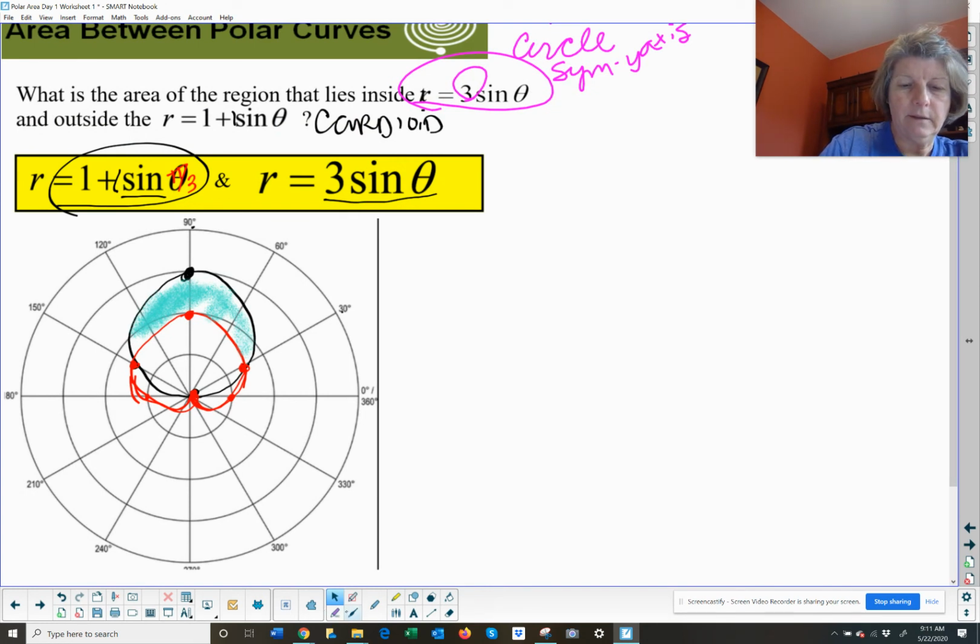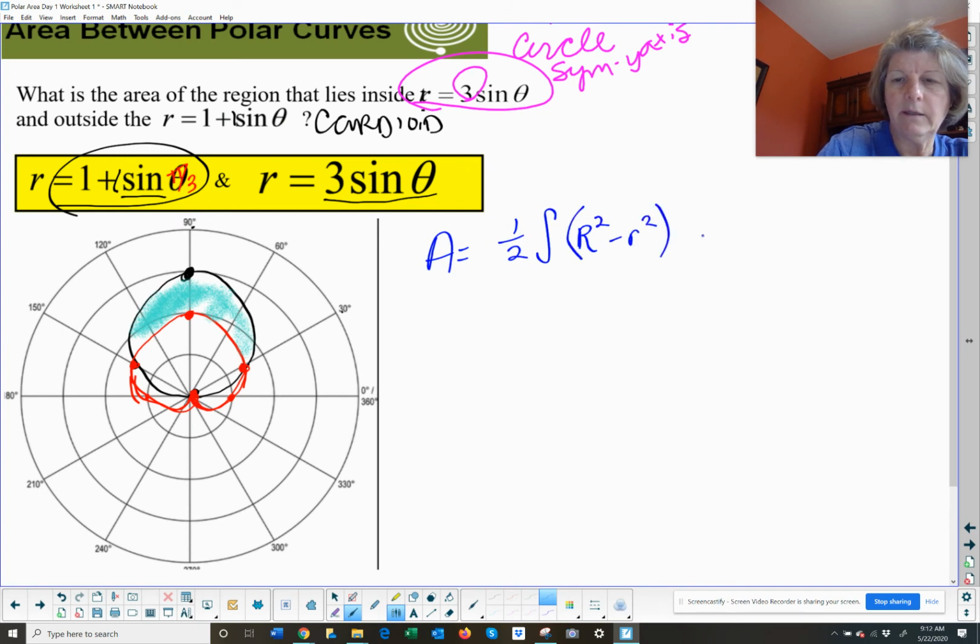All right. So my area is going to be 1/2 integral of big R squared minus little r squared d theta from alpha to beta. Therefore, we're going to get 1/2.